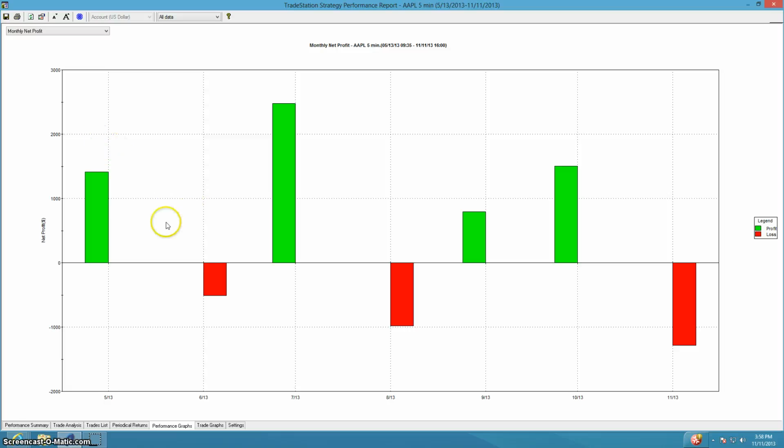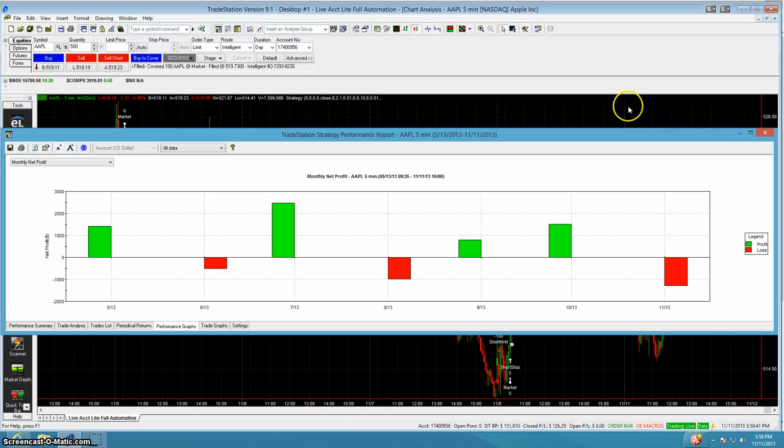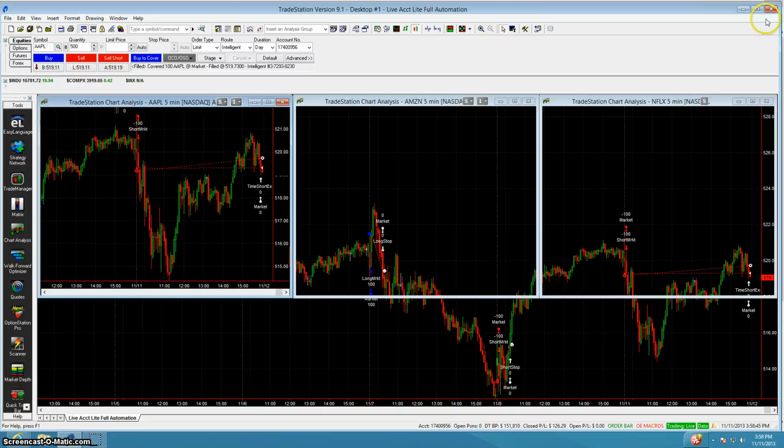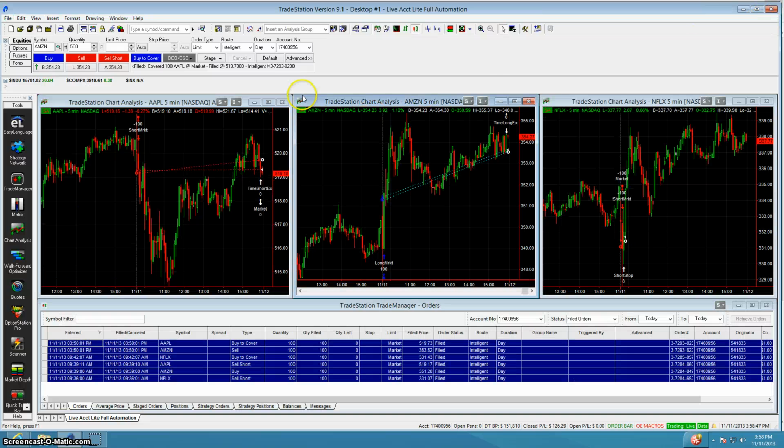It gives you an idea of what the monthly profitability looks like with Apple. As you can see here, in this particular month, we profited $1,410. This particular month here, we lost $511, and so on and so forth. And we have the ability to do this on any of the symbols that we trade.